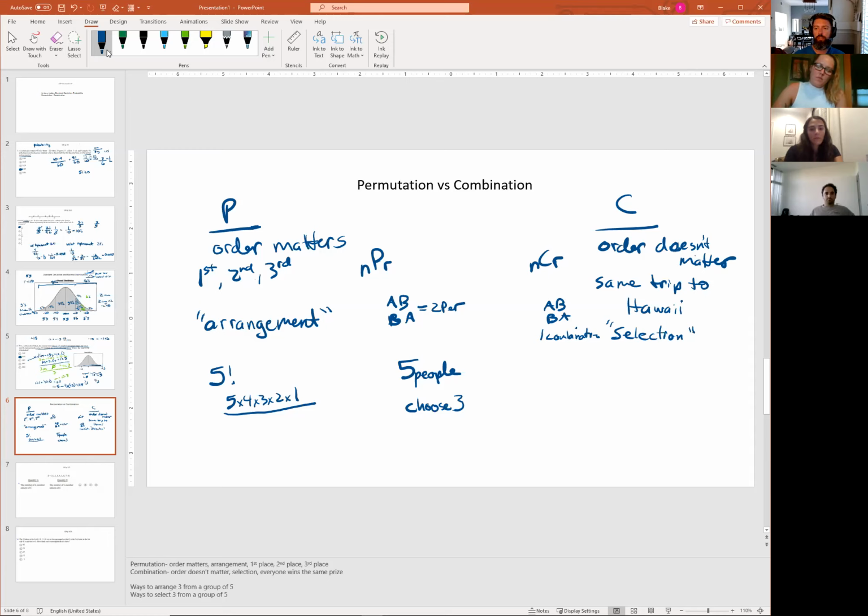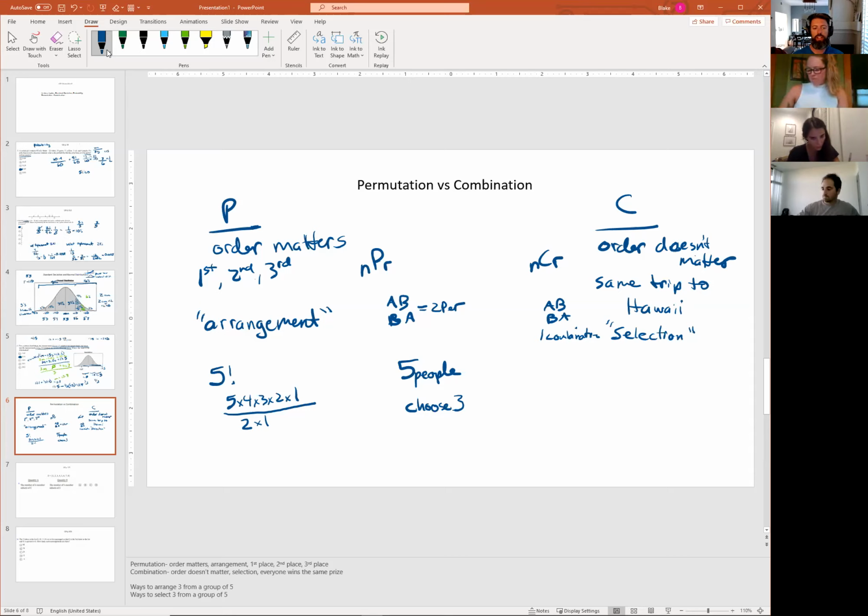So we're choosing 3 from that. And the way to think about it is you want to divide it by 5 minus 3, so 2 factorial, 2 times 1.